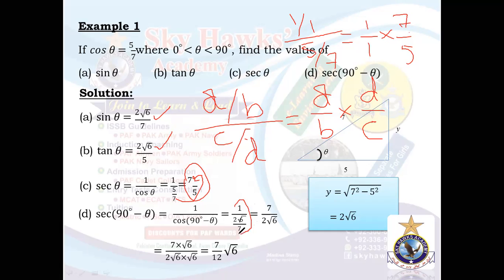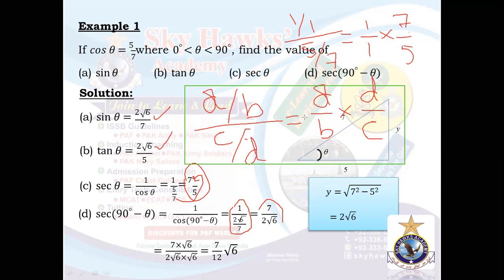Once again the double fraction. So 1 over 1, and this will be 7 over 2 under root 6. This was the double fraction, what I mean to say. But we have solved this. That is the real double fraction. This was the rule.